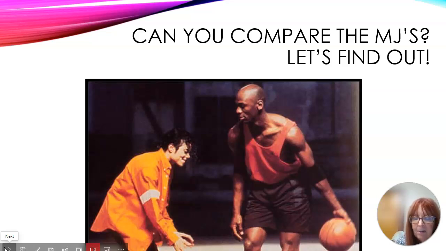So that means Michael Jordan, who's really great at basketball, is going to try to teach MJ, Michael Jackson, how to shoot basketball. And Michael Jackson, the singer and dancer, is going to try to teach Michael Jordan how to dance, with some mixed results. And it's a pretty funny video.